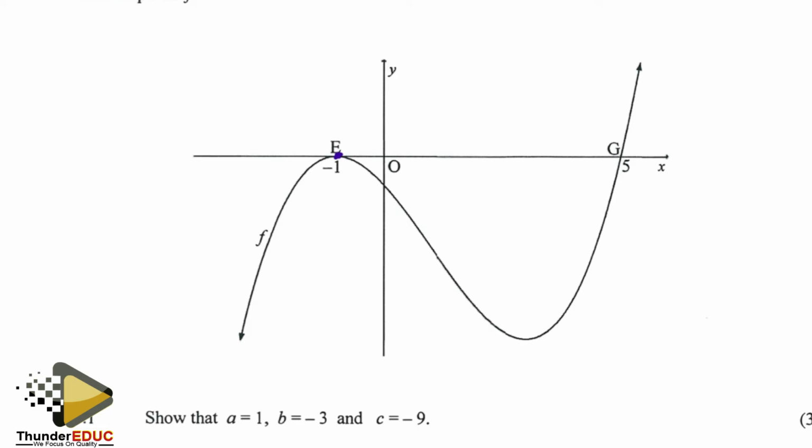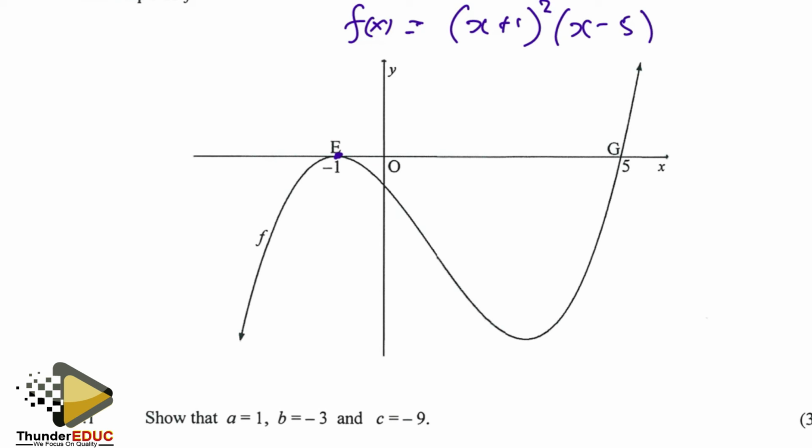If we are to get the factors of that, it's just going to be x plus 1, but squared. And then I'll multiply it with x minus 5. In other words, this is going to be the equation of f. What we need to do, just open this up and make sure that we end up with these values. Then we shall compare with the original.